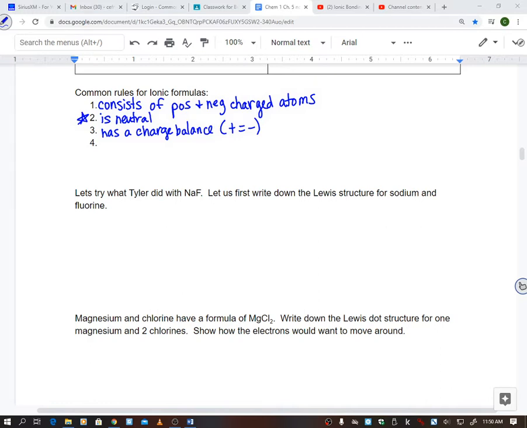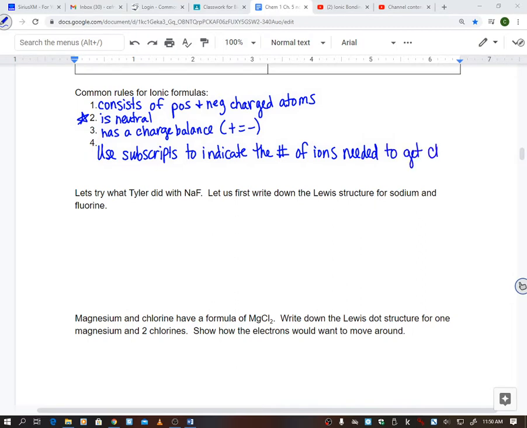And the last one, and this is really important also, we use subscripts to indicate the number of ions needed to get that charge balance.